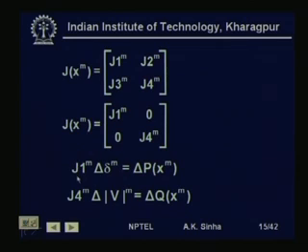So this whole problem, which was 2 into n minus 1 simultaneous equations, has been broken into two sets of n minus 1 simultaneous equations.